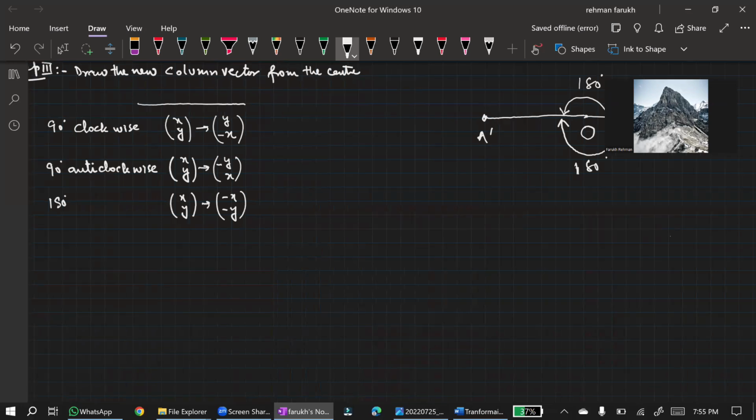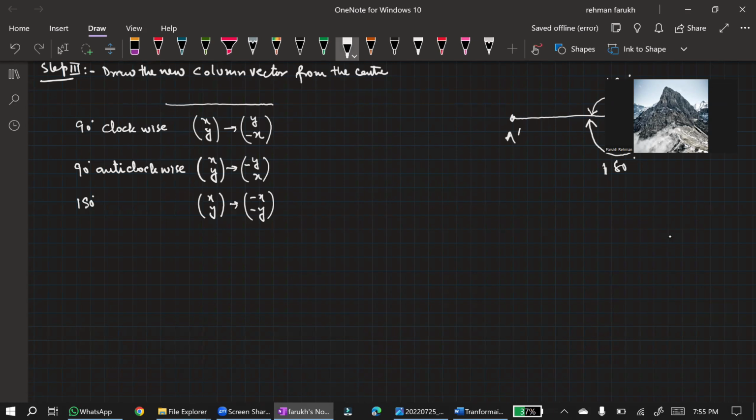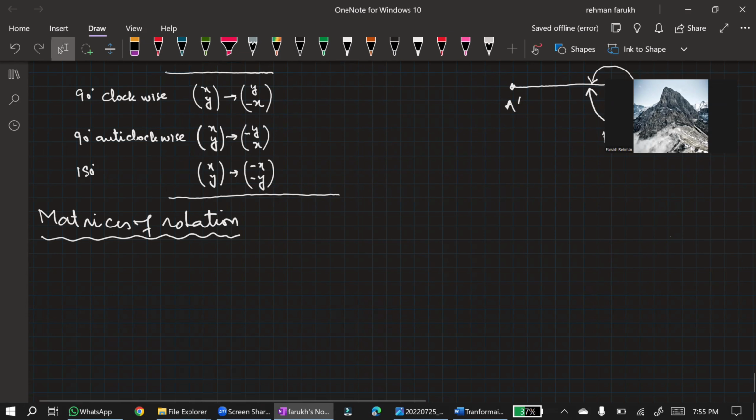Now we will discuss the matrices of rotation. Recall the identity matrix, that is 1, 0, 0, 1.